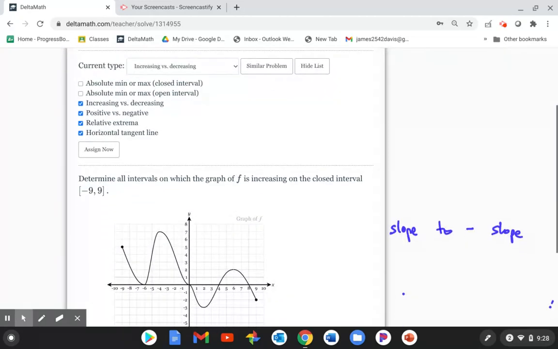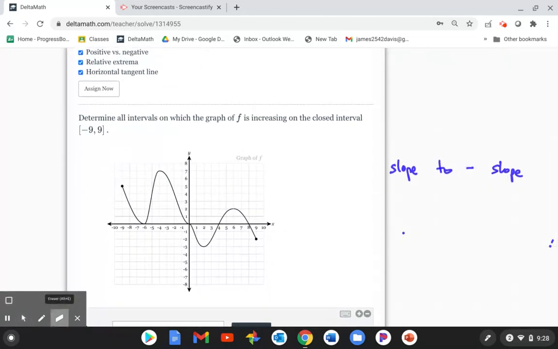increasing versus decreasing. So this ties in along with the relative mins and maxes, because often we're looking at where a function switches from increasing to decreasing and vice versa to identify those relative mins and maxes. So on this one, we're supposed to determine all the intervals where the graph is increasing. So basically, where's the slope positive?